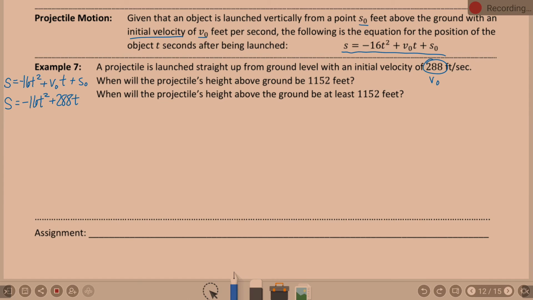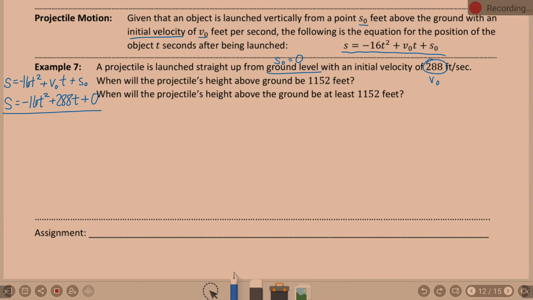S sub O, what's my initial location? 0, because this starts off at ground level. So S naught is 0. So officially I can say plus 0 here, can't I? Now, that's the equation we're working with. In the calculator? Not yet. We'll get there.